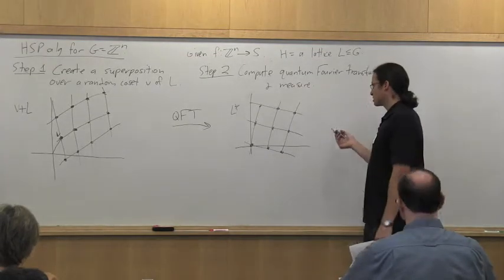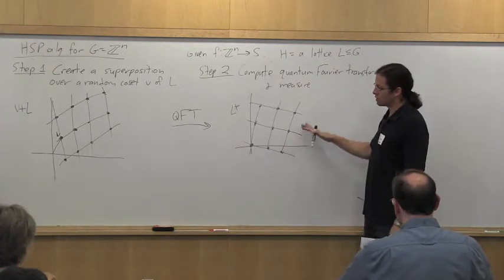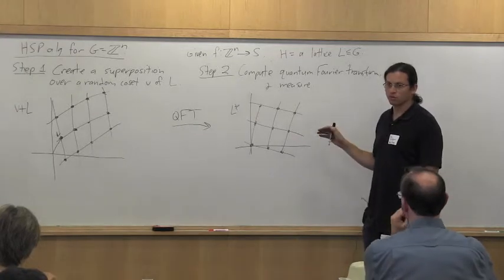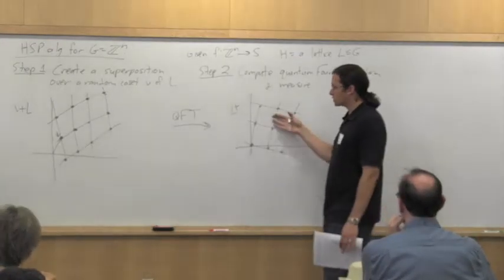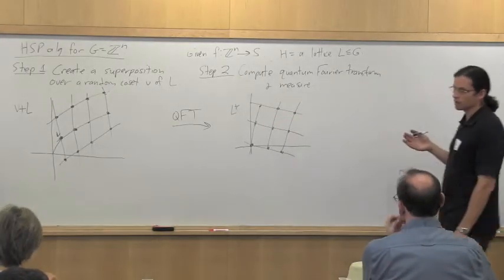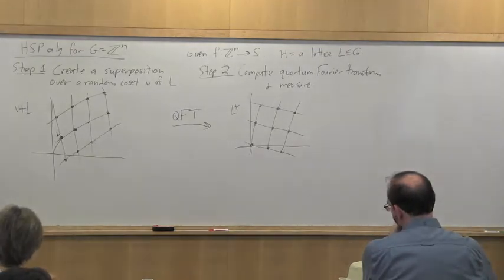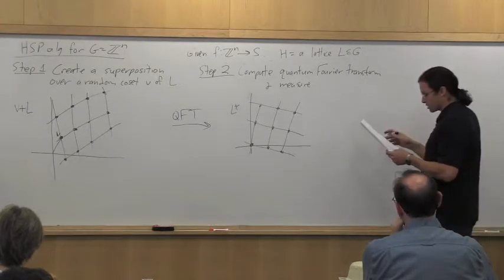And what happens when you measure a superposition is you get a random element in your support with some probability. So what would happen is you'd measure a random element of the dual lattice. Okay? So this is the quantum piece.